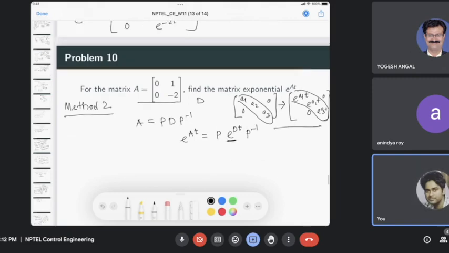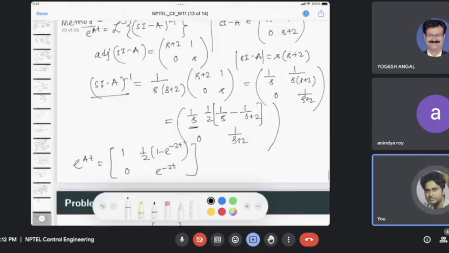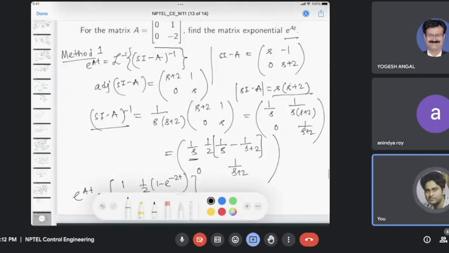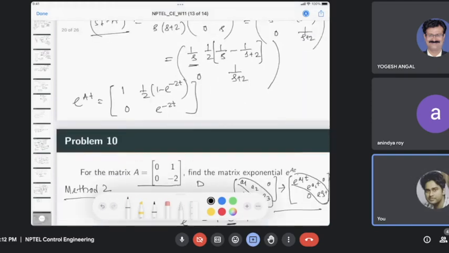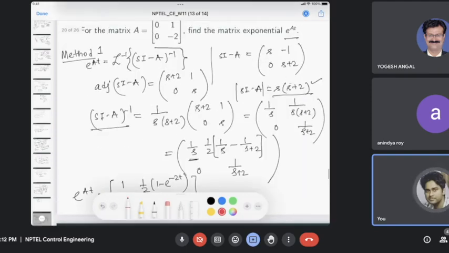For this case, what are the eigenvalues? One is 0 and one is minus 2, right? We just equate this determinant to 0, then the eigenvalues are 0 and minus 2.